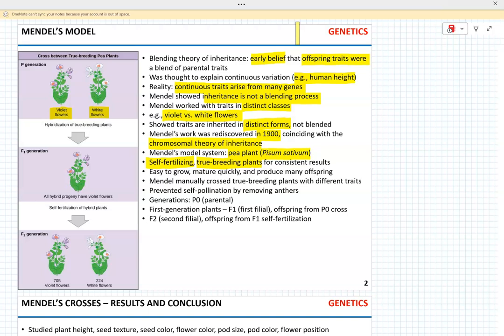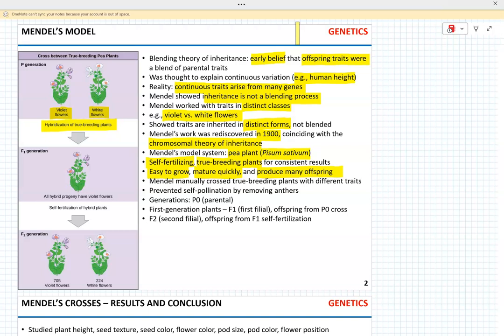Same is true for white flower plants. If you cross white flower plants to other white flower plants, the offspring is going to have only white flowers. Other advantages of this model were that these plants are very easy to grow, they quickly mature, and they produce a lot of offspring.